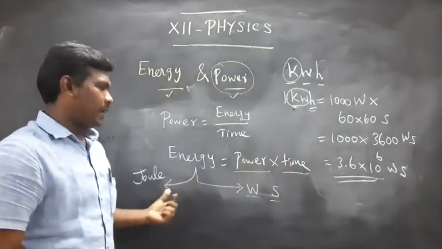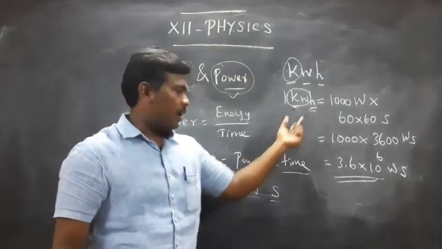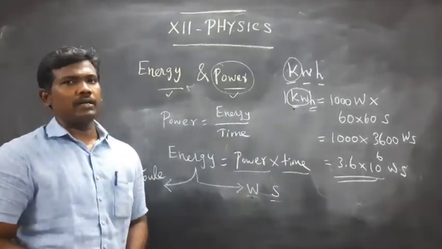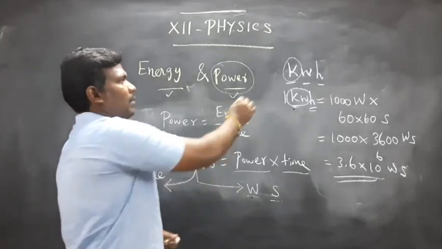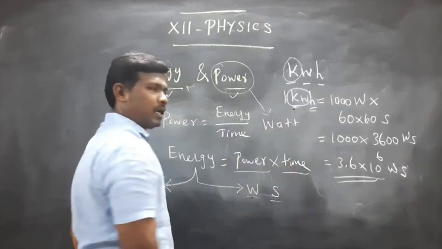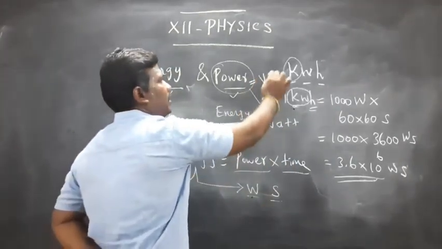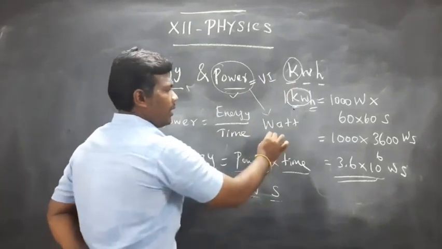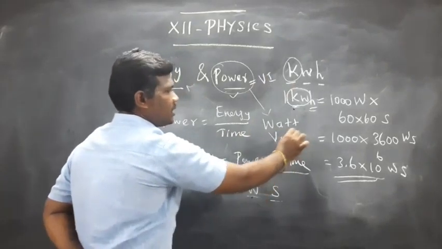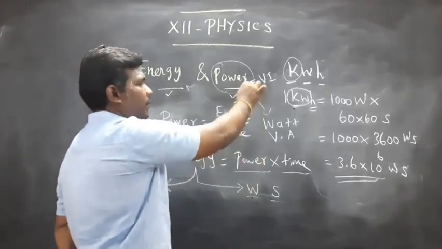The SI unit of energy is joule, and we have another alternative unit, kilowatt hour, and another one is watt second. What is the unit for power? SI unit of power is watt, and using the formula P is equal to VI, we are getting one more unit. This is nothing but volts into ampere, volt ampere, another alternative unit for power.